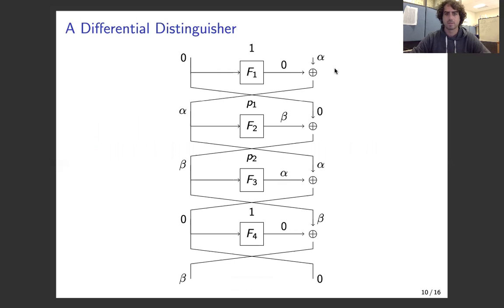If we have a (0, alpha) input difference, we get a (beta, 0) output difference with probability p1 times p2, assuming that everything is independent of each other, of course, otherwise the probability will change. But we, as always, assume here that we have round independence.